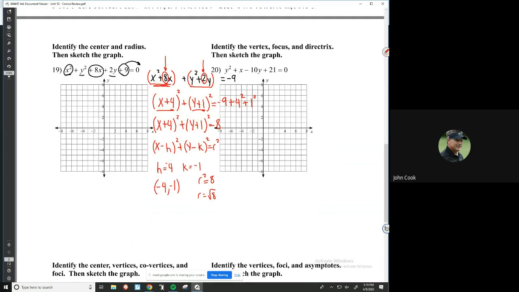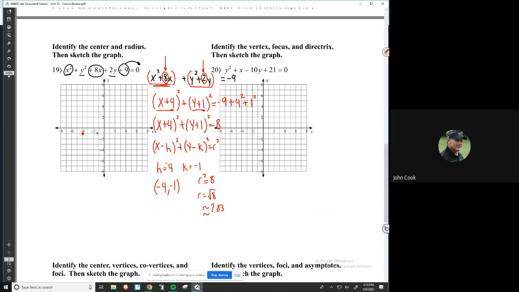Okay, so now let's graph this thing out. The center is located at negative 4, negative 1, so here's our center right there. And then the radius, square root of 8. Let me do it exactly on my calculator and see what we get. Square root of 8 is like 2.83. So I'm going to go to the left, to the right, up and down by 2.83. I'm going to do my best to approximate that.